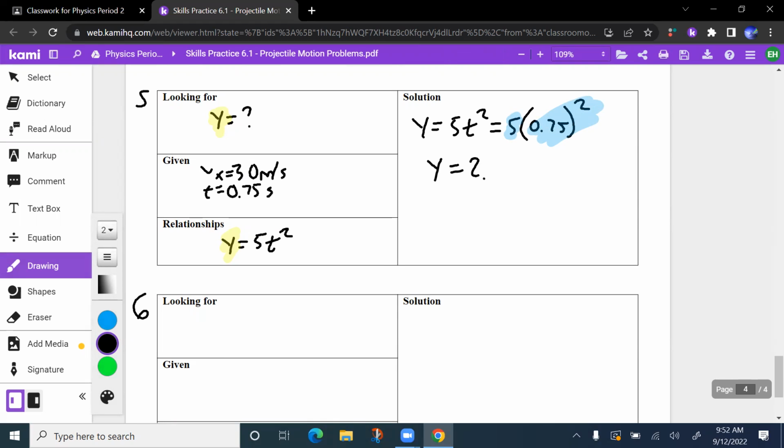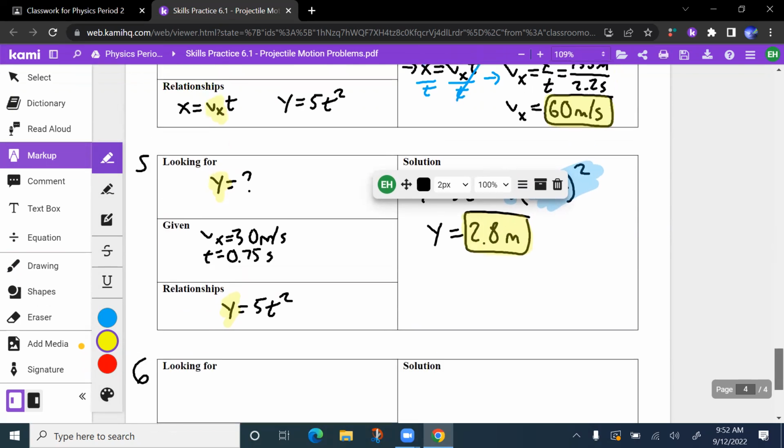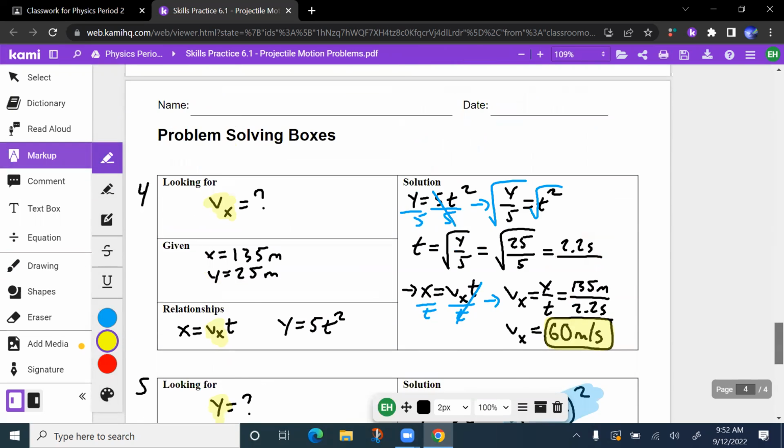That's about 2.8 meters. As you can see, some of these questions have required 2 formulas. Sometimes they don't. Okay, but we know we only have 3 equations to choose from, which does make it pretty easy.